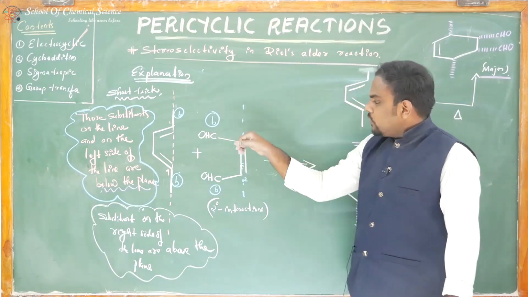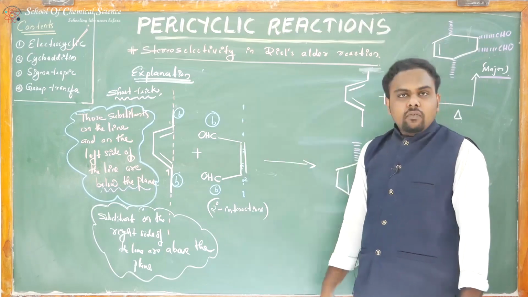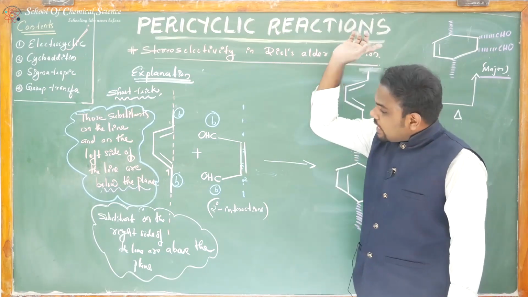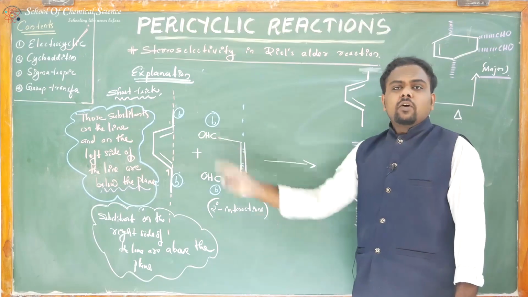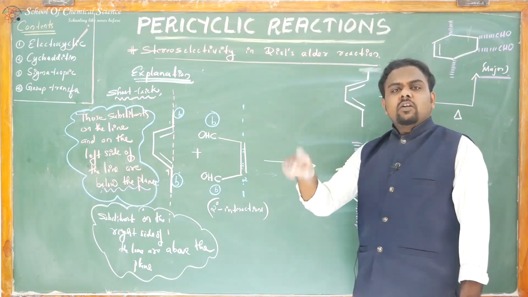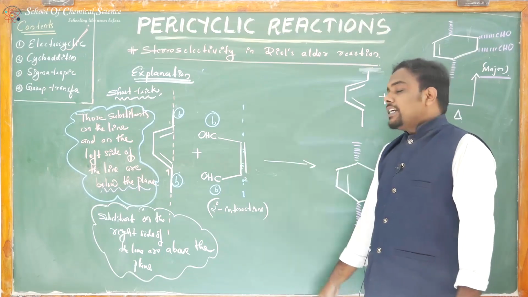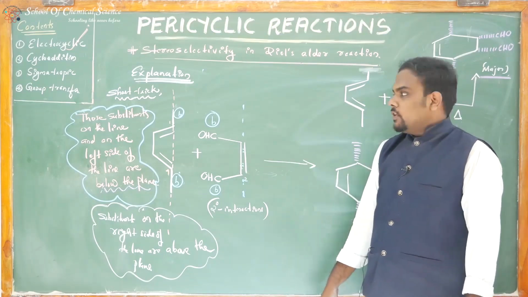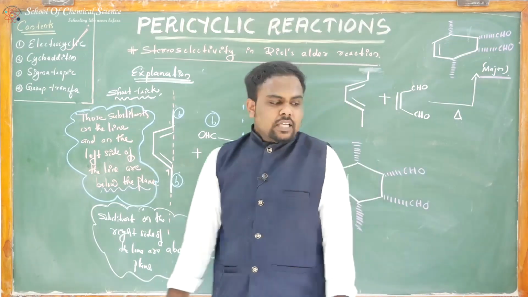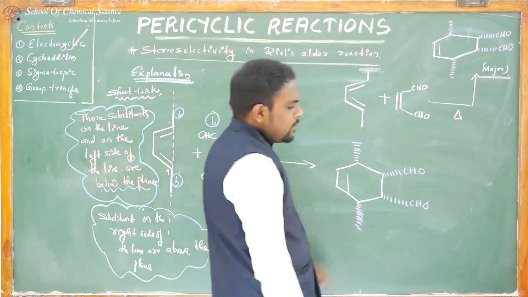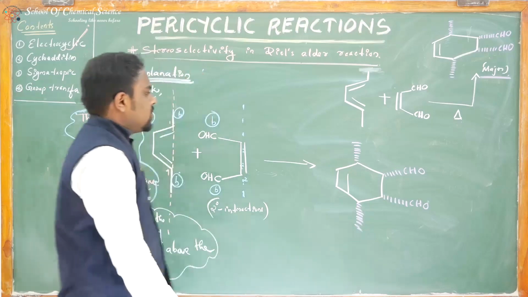Similarly, draw a line between carbon 1 and 2 of the dienophile. Those substituents on the left side are below the plane, LB, left side below the plane. On the right side of the line they are above the plane. So that's the stereochemistry, and this will be your major product.